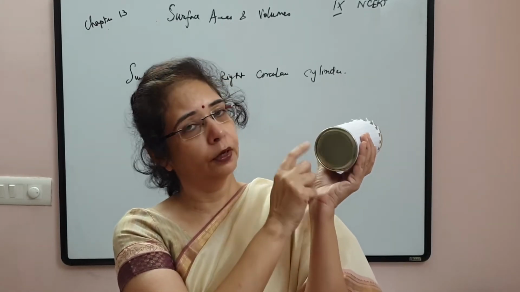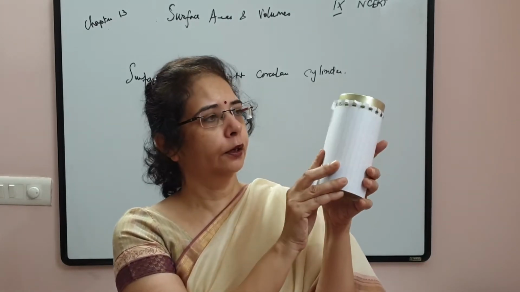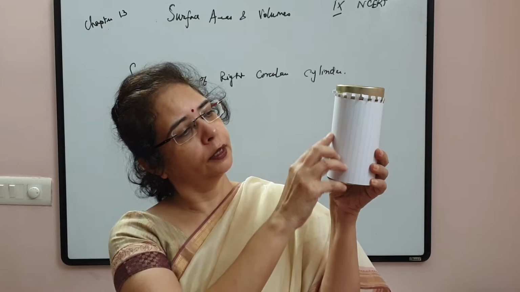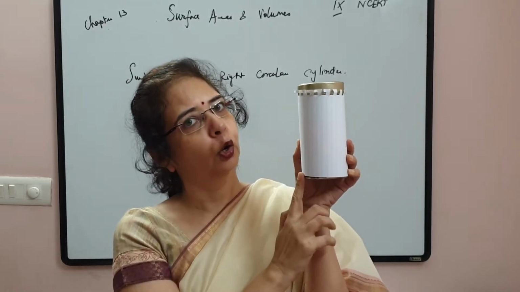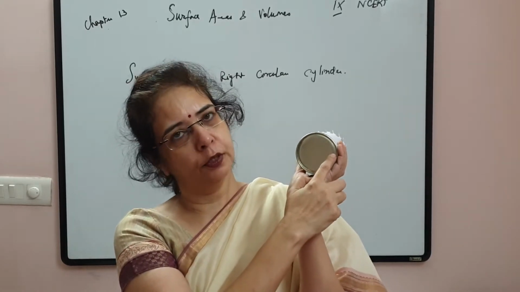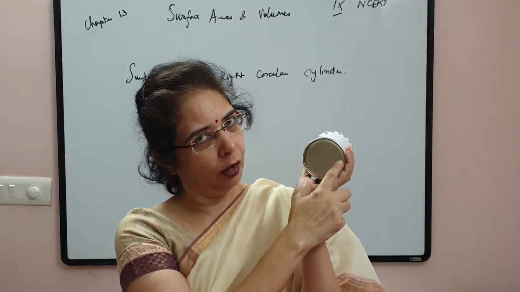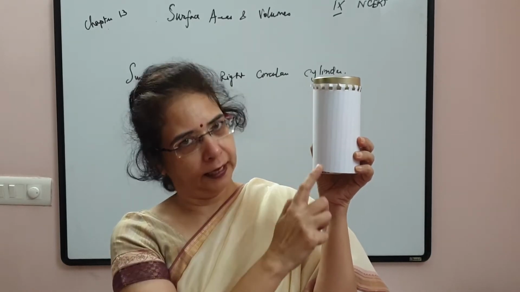What is this circumference? This is 2 pi r, right? And what is the height? Let us name this height of the cylinder as h. So the radius of the circular base is r, and the height of the cylinder is h.